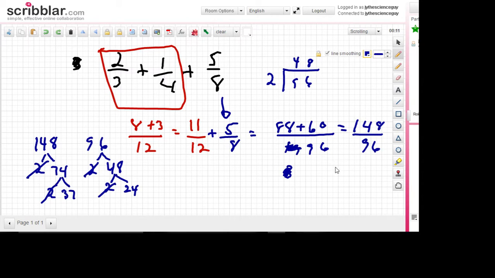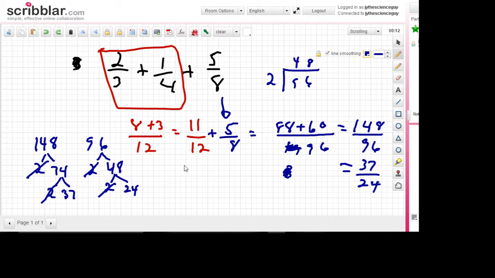So now this fraction would be equal to 37 over 24. We got rid of those two 2's, so we're going to put the number that's left. That's how you reduce. I would have divided it by 4 to begin with. Yeah, you should have known that, but I need it broke down.